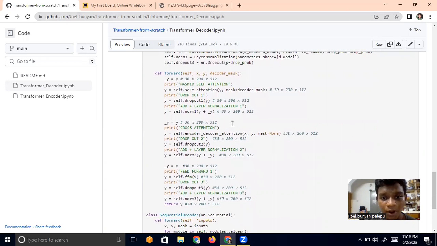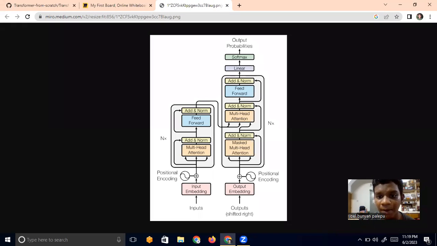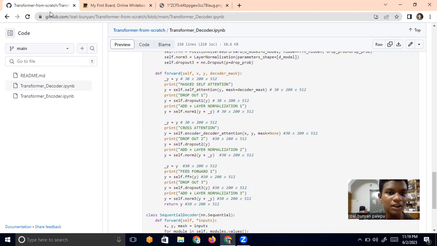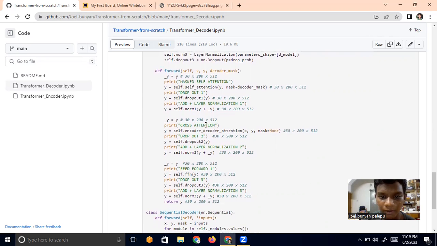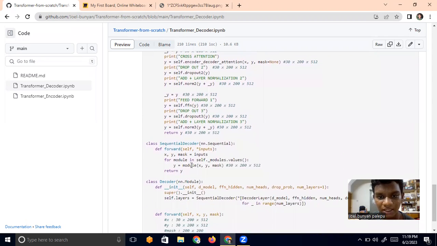Then we'll be performing all of this in the forward function. We are just going to implement this figure again. We're going to have multi-head attention, normalization, cross multi-head attention, and all that. Cross multi-head attention is also called encoder-decoder attention, and then we're going to have dropout, normalization, and all that.